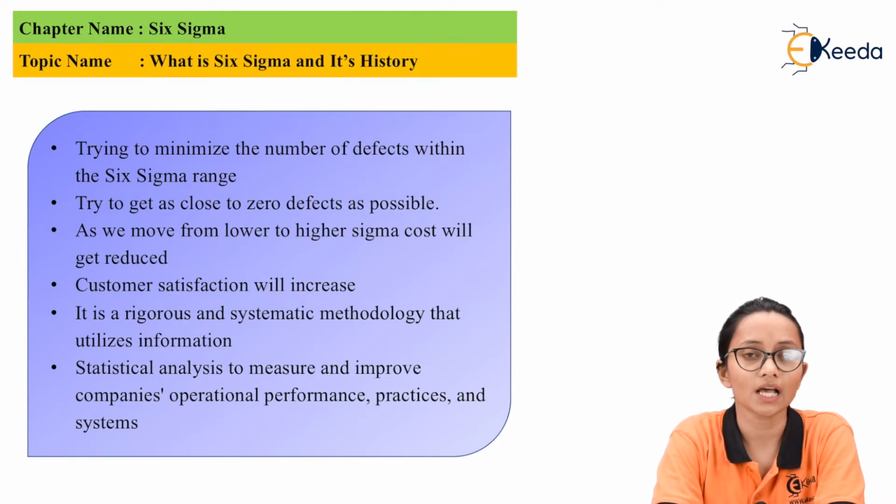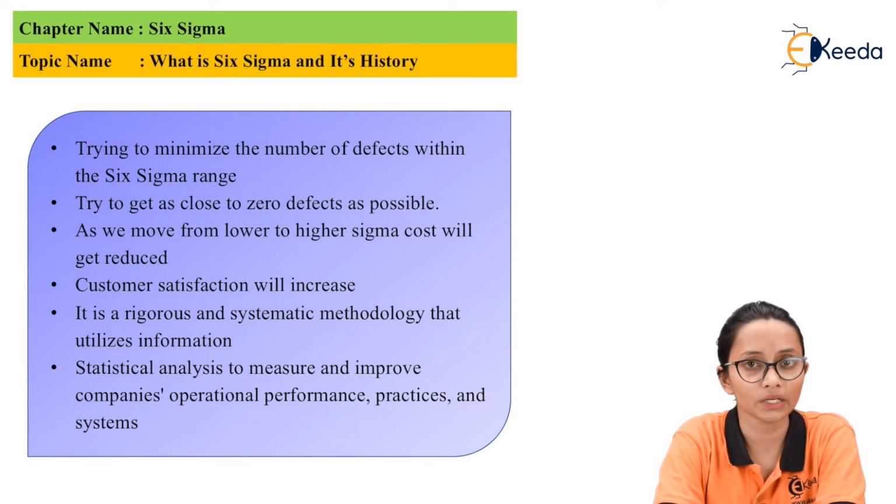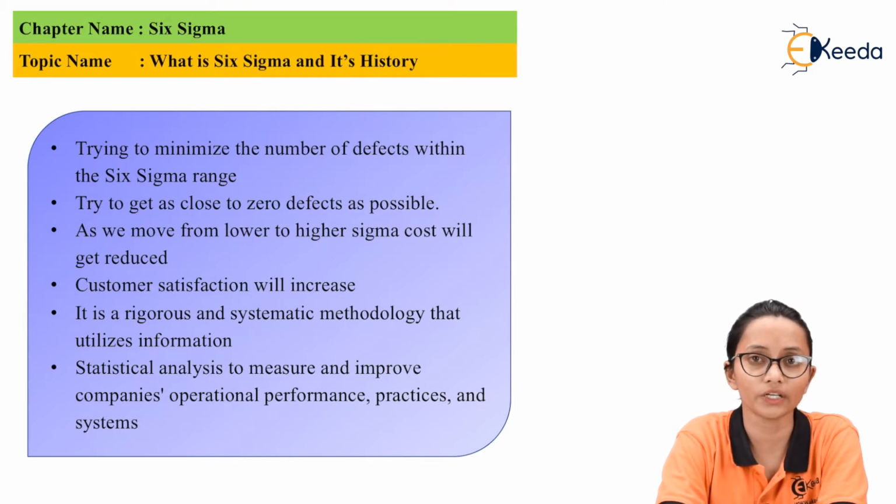To understand this, let's take an example. If a product must have a thickness between 10.32 and 10.38 inches to meet customer requirements, then the process mean should be around 10.35 with the standard deviation less than 0.005. 10.38 would be 6 standard deviations away from 10.35, assuming a normal distribution.